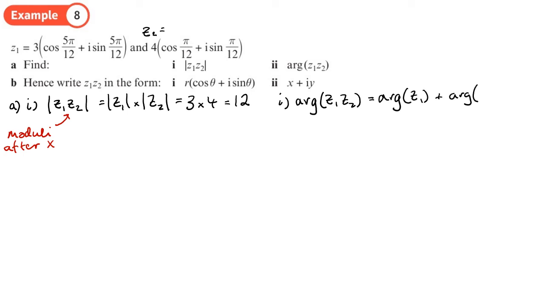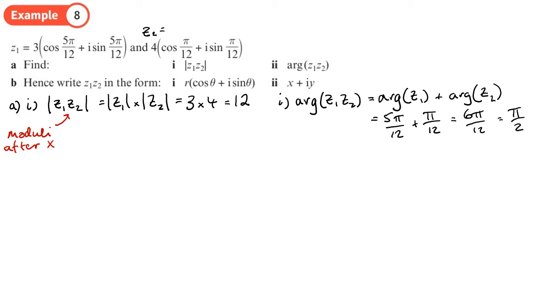Remember, we just add the arguments together. The argument of the first one is 5 over 12, and then we're going to add pi over 12. So that will give you 6 pi over 12, which simplifies to pi over 2.